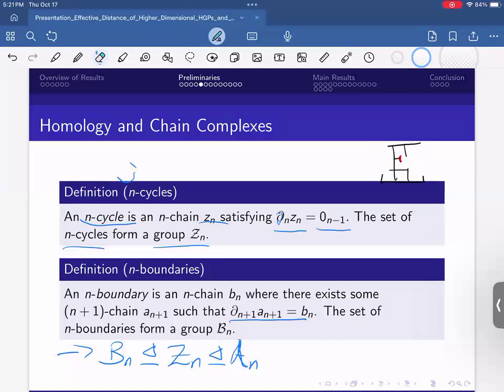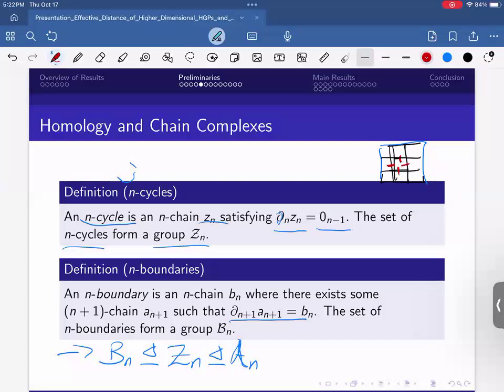But an example of an n boundary would be something that looks like the previous example that we have. It would just be like a cycle like this. So we want to say that a boundary is a cycle, but a cycle is not necessarily a boundary.